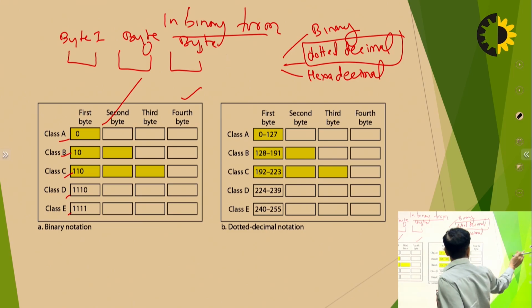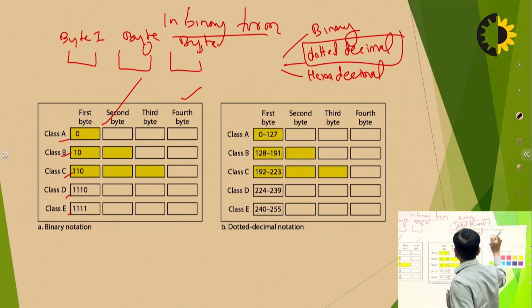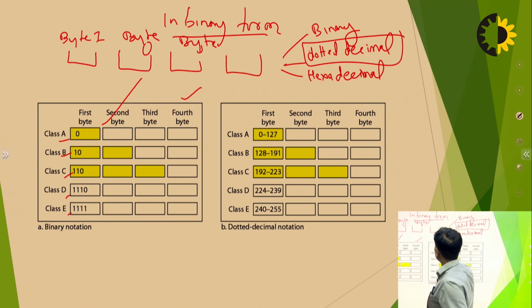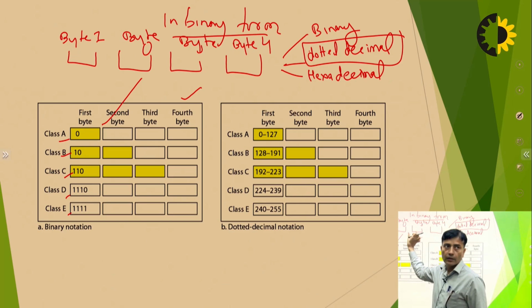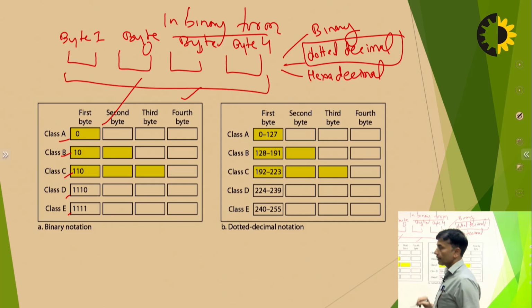This is byte 4. Okay. So, first byte, second byte, third byte, fourth byte. This is the 32-bit address.